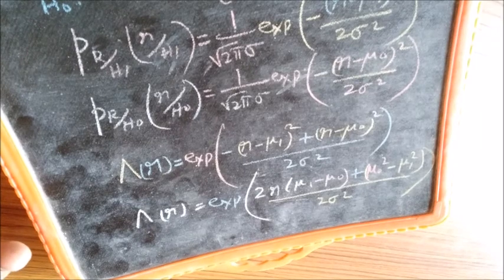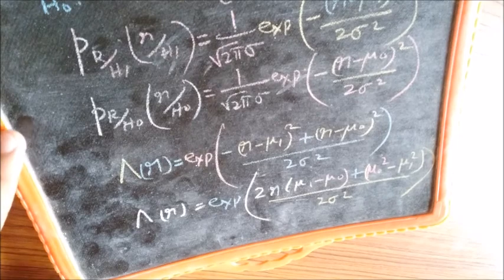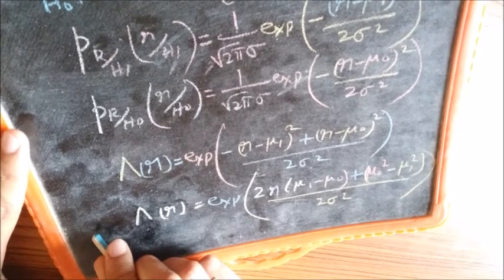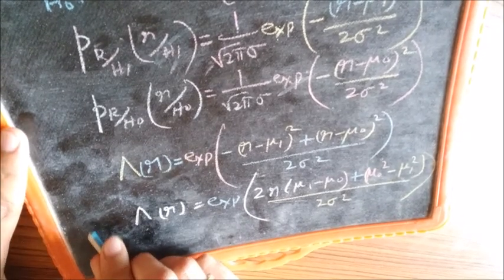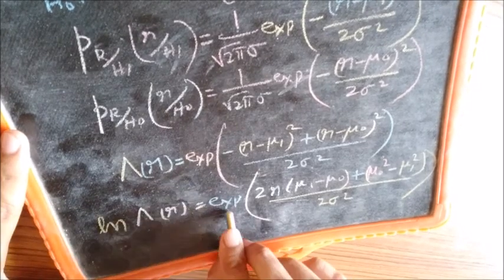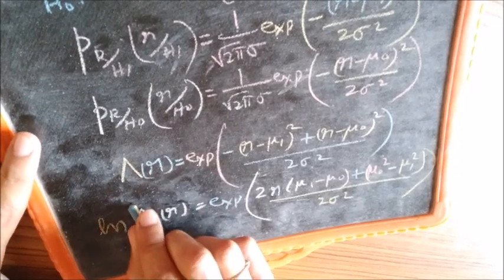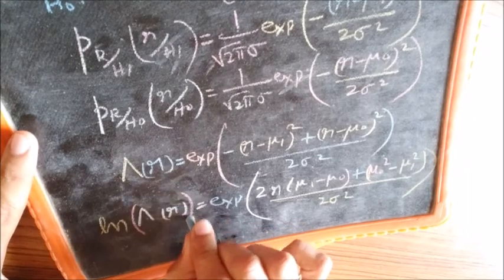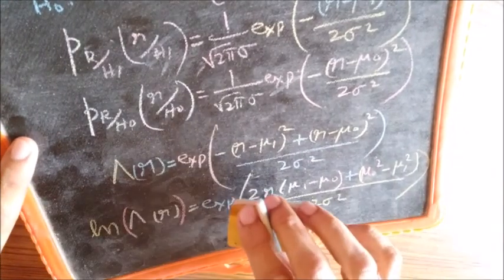But in this case, we are not given the number, so we just deal with the left-hand side of the likelihood ratio test. And now we can take a natural log of this, because the presence of the exponential here suggests that a log likelihood ratio can end up with an easier expression.